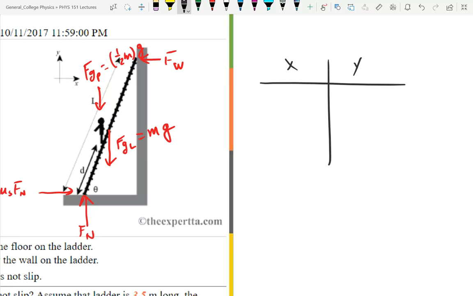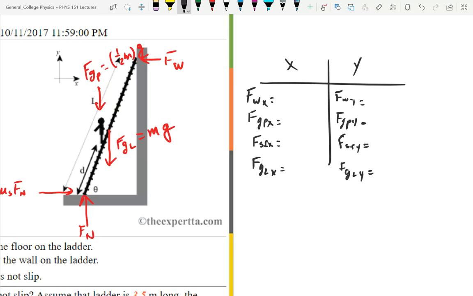And so for each force, okay, there I've got all of the forces listed. Hopefully I left myself enough space to put in values.